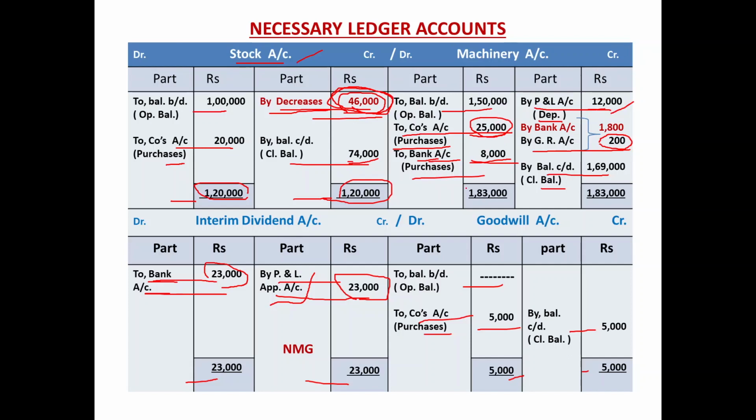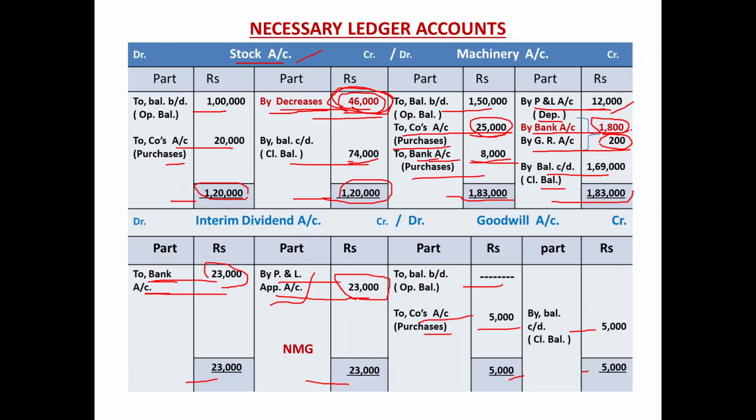The total of the debit side looks bigger, 1,83,000. Put it on the credit side, 1,83,000. Now we are getting a balancing figure of rupees 1800 on the credit side. All other entries got over, we already verified it. So the balancing figure on the credit side is 1800.